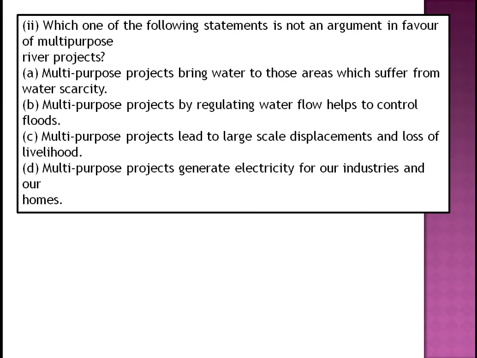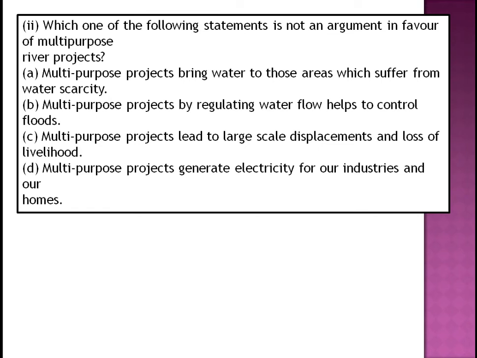So first one, multi-purpose projects bring water to those areas which suffer from water scarcity. So it's in favor of that. B, multi-purpose projects by regulating water flow control the flood. That's also in favor of the multi-purpose project. C, multi-purpose projects lead to large-scale displacement and loss of livelihood.